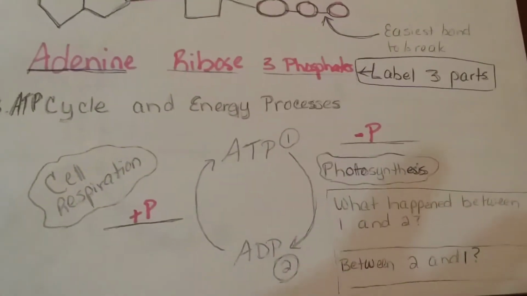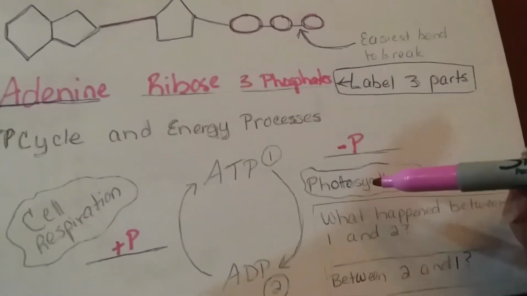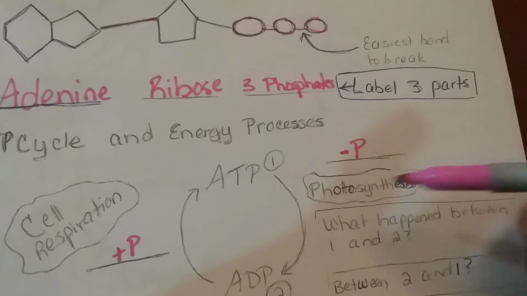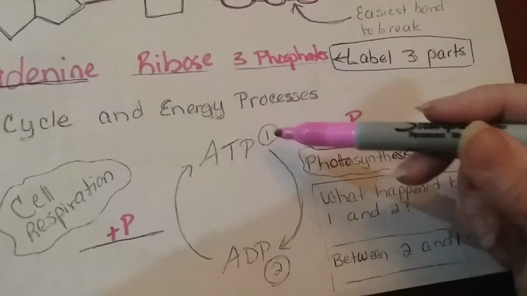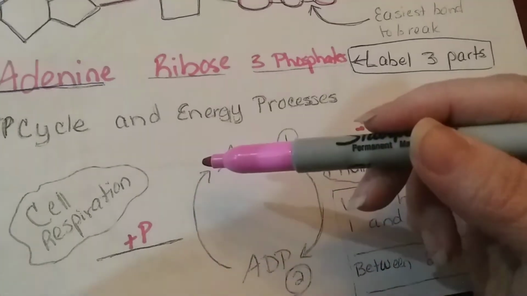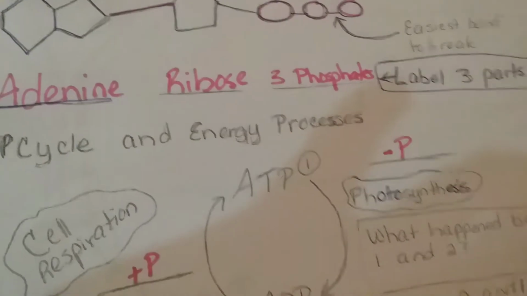So it is a cycle going back and forth. Photosynthesis is a process of taking ATP from the sun, using it to turn it into ADP. And then ADP creates ATP using cell respiration.